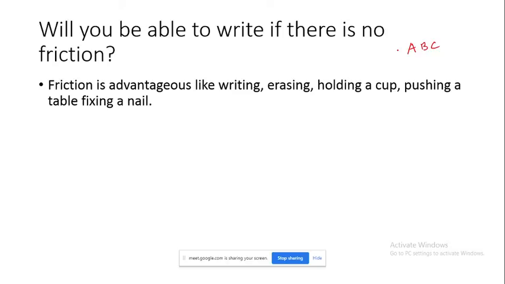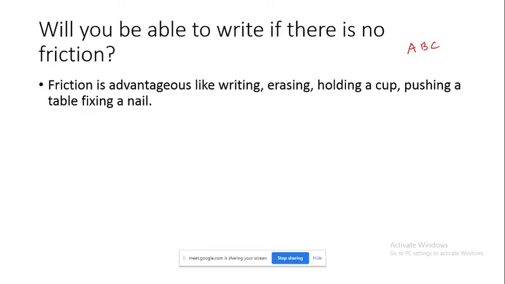Similarly, when you use an eraser and rub what you have drawn or written there, the irregularities in both the eraser and the page get rubbed together and there is a motion.